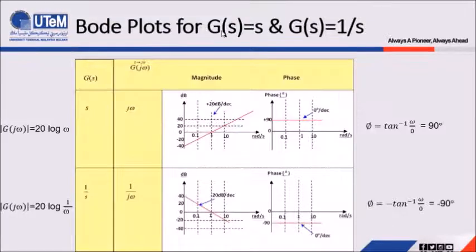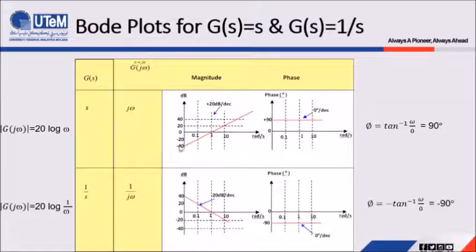For the case of G(s) equal to s and G(s) equal to 1 over s, we can draw both magnitude and phase like this. For G(s) equal to s, we just change this s to j omega. Based on this, the magnitude of G(j omega) equals 20 log omega.